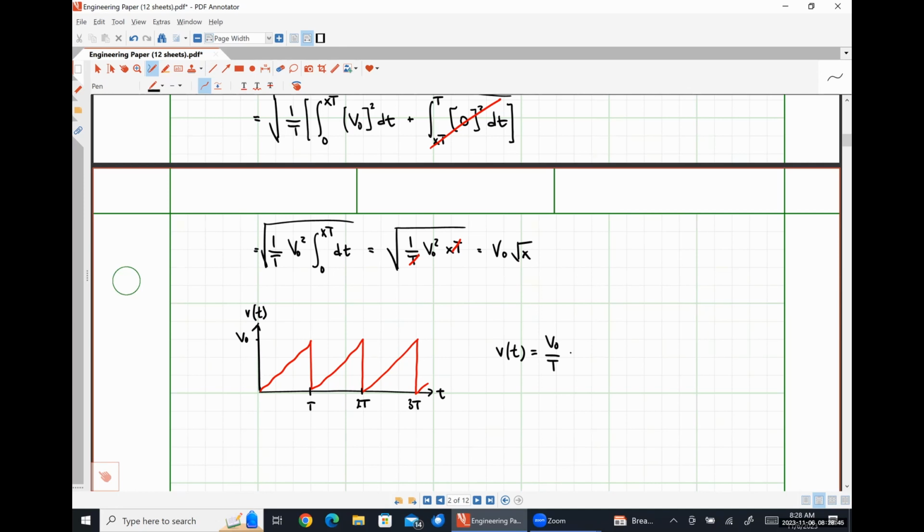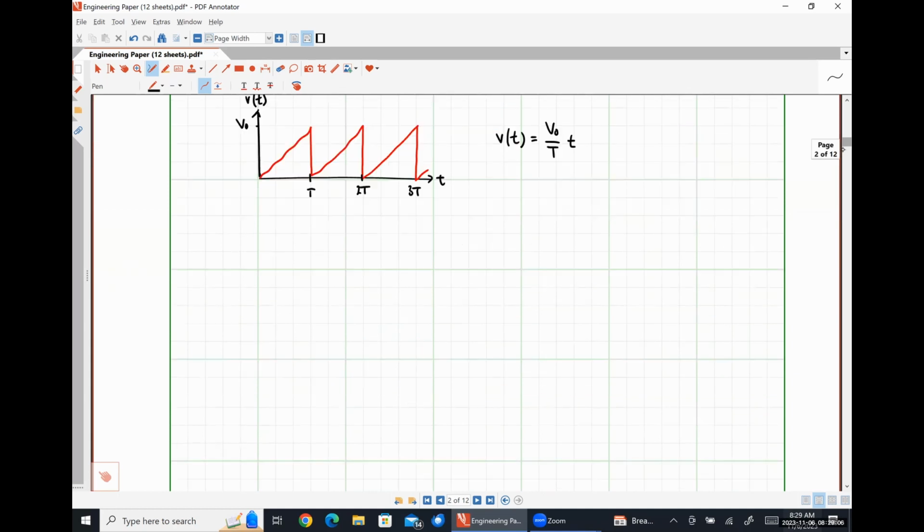Times lowercase t. Do I have any intercept to worry about? No, because it's starting at y equal to 0 effectively, right? So this is what my voltage waveform looks like over one period, and then a little reset once I hit capital T and all that kind of good stuff.